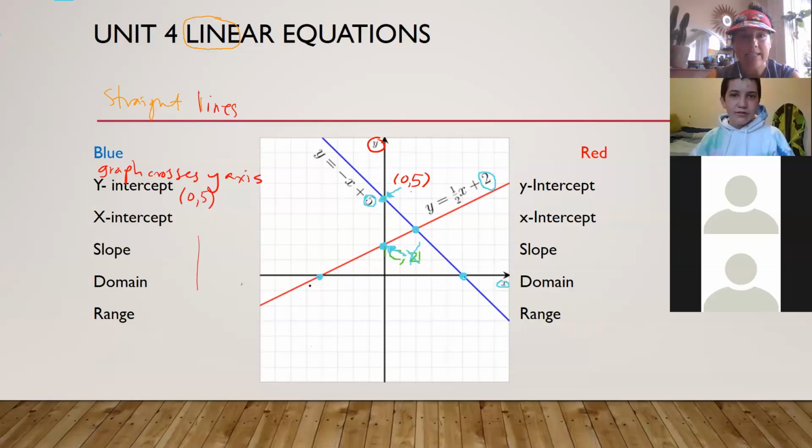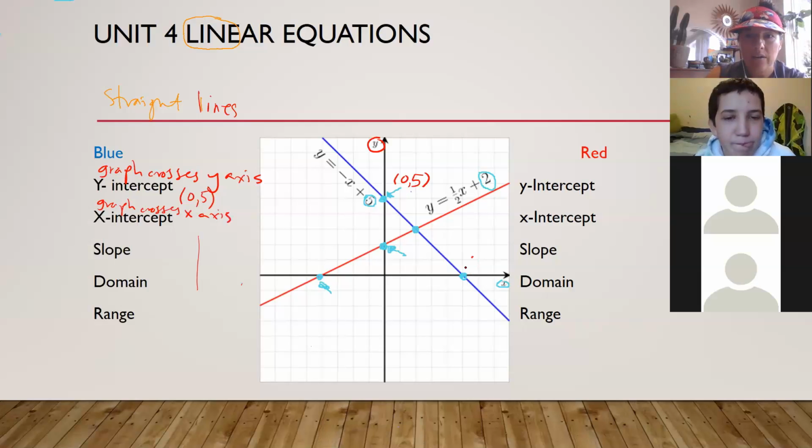X-intercept, same idea. It's where, so we're on our blue line here, it's where our graph crosses the x-axis. All right, so go ahead and write in the coordinate pair here for this x-intercept. Good.